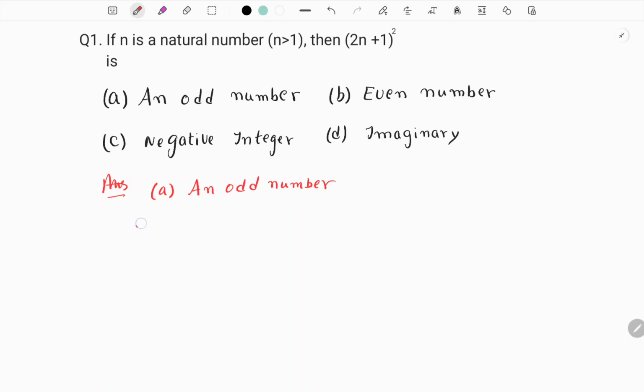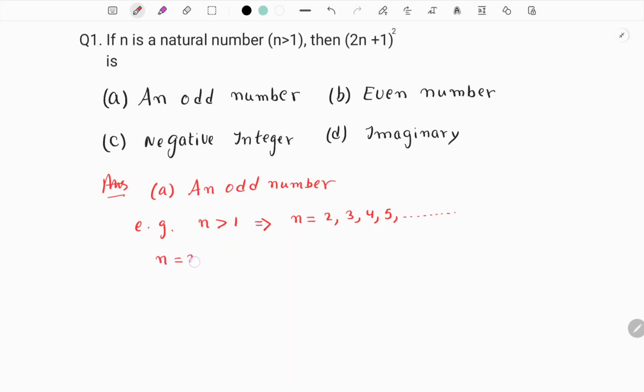So let us take some examples. When n is greater than 1, it implies that n is equal to 2, then 3, then 4, 5, and so on. So let us see for n equal to 2.